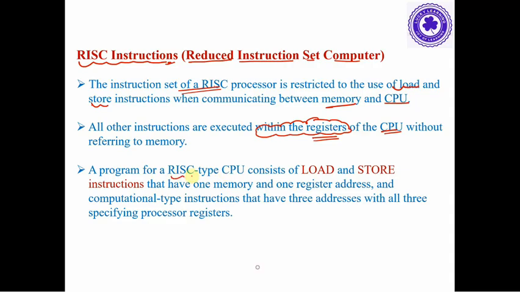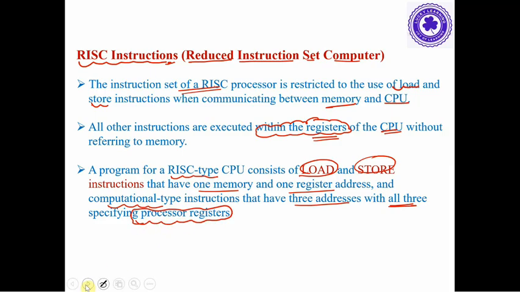A program for a RISC type CPU consists of load and store instructions that have one memory and one register address, and the computational type of instructions like add, sub, mul that have three addresses, with all three specifying the processor registers. It is important: all are representing the processor registers.